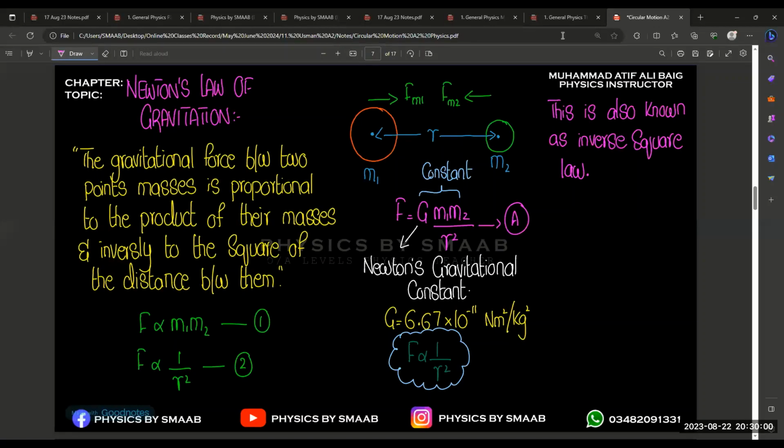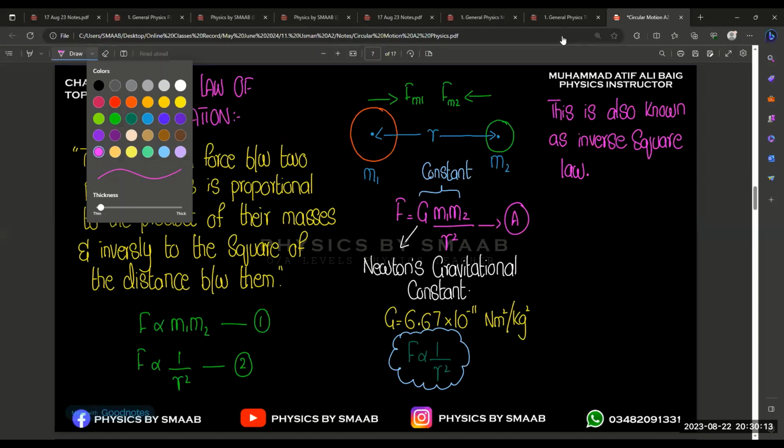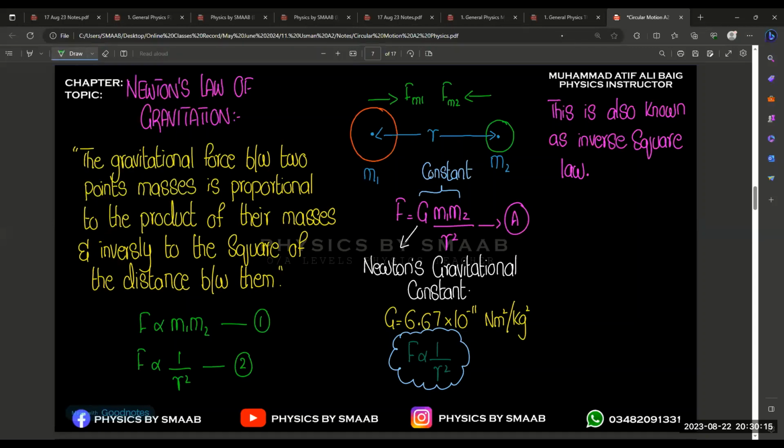Okay, so basically we discussed all the quantities, all the factors in Newton's law of gravitation, and according to the inverse square law, if the distance between two bodies or two planets increases, what will be the effect on the gravitational force? Will it increase or decrease?